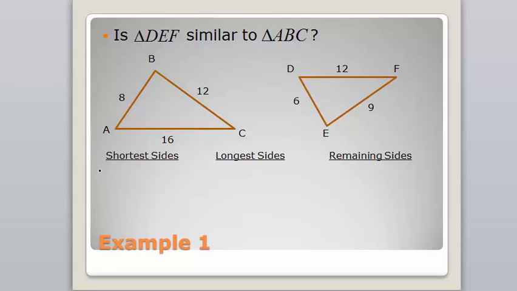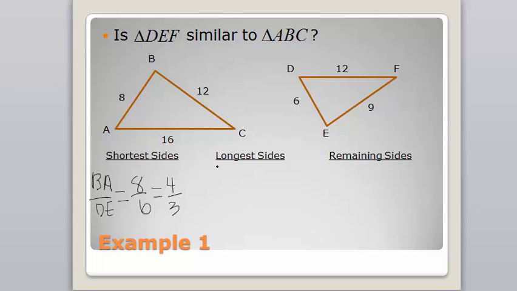Let's start with the shortest sides. So let's compare the shortest side of the first triangle, BA, to the shortest side of the second triangle, DE. You get a ratio of 8 to 6, which does reduce. 2 goes into each. That reduces to 4/3.